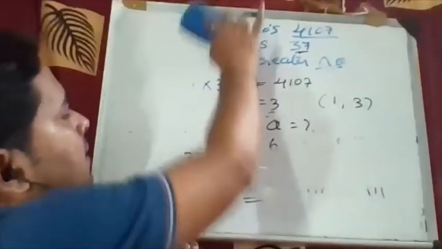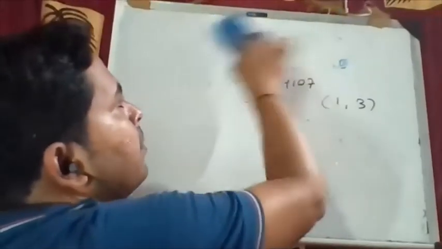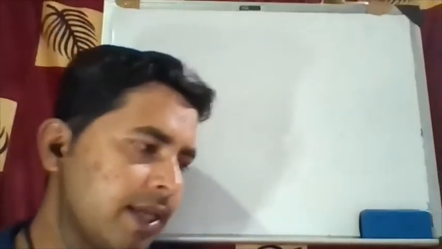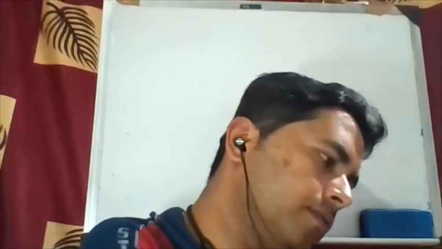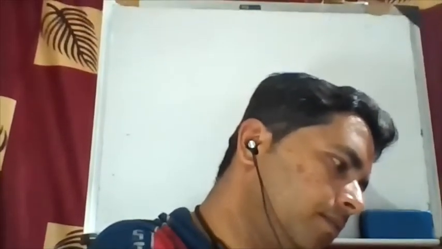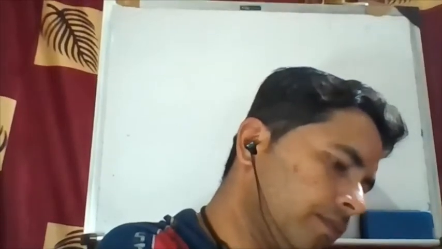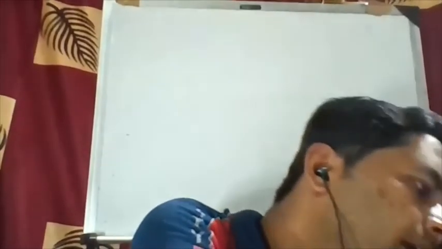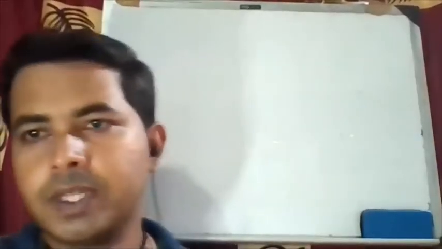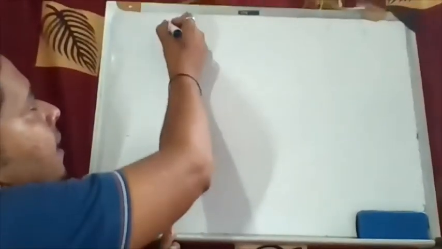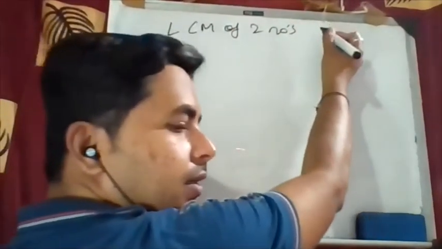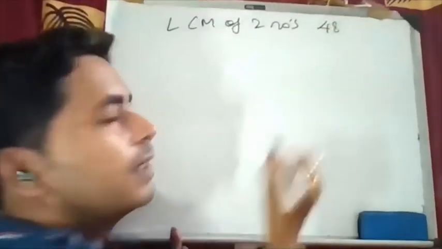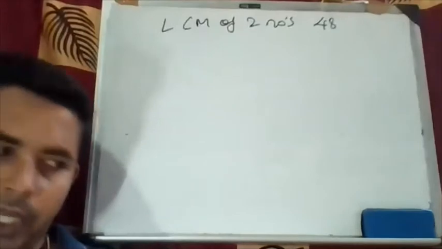This is the way how they ask a HCF, and we'll solve some problems on LCM in the same manner. They'll give in the ratios, they'll give in a sum, and they'll give in a difference, like that. Okay, so here the question: LCM of two numbers is 48.